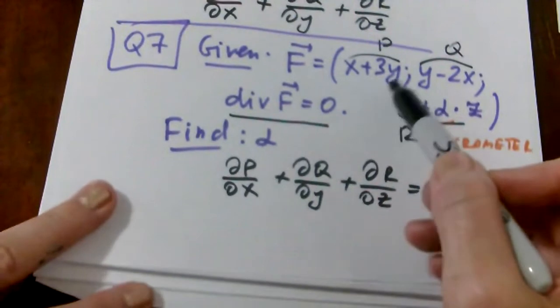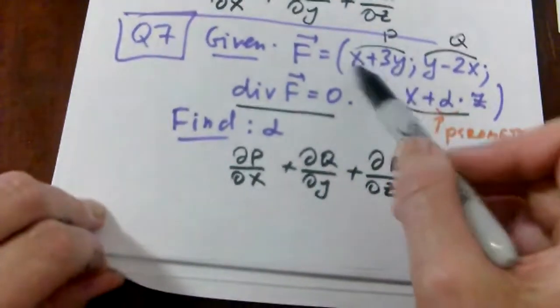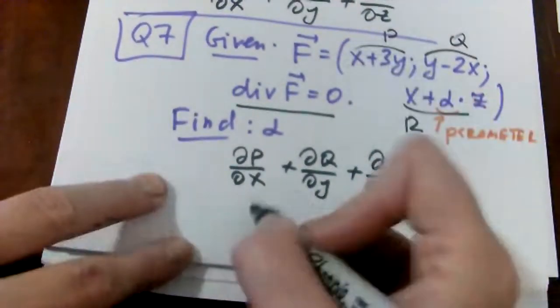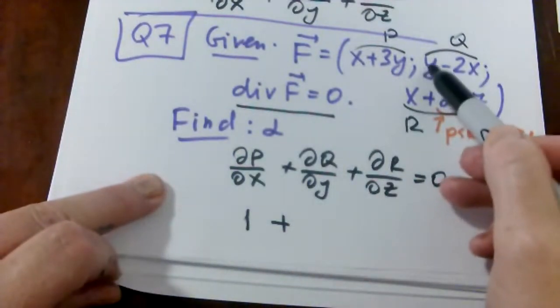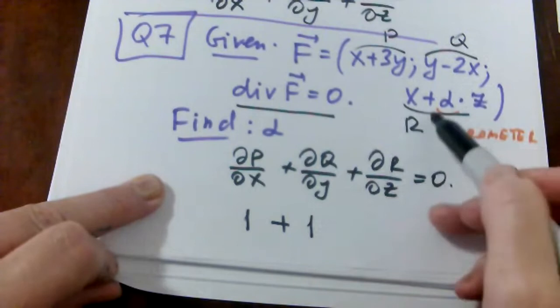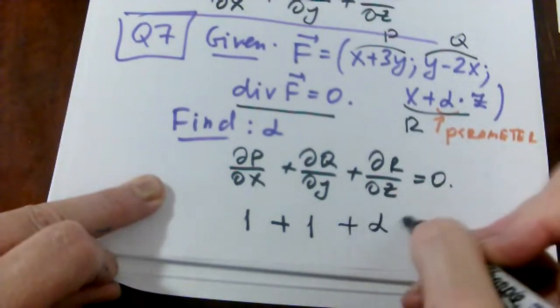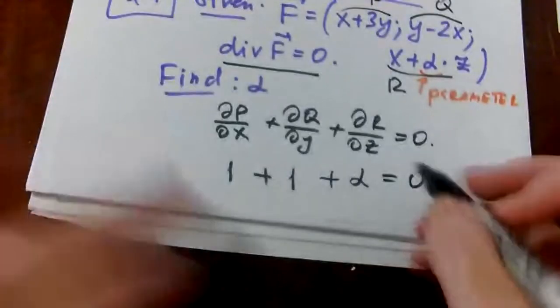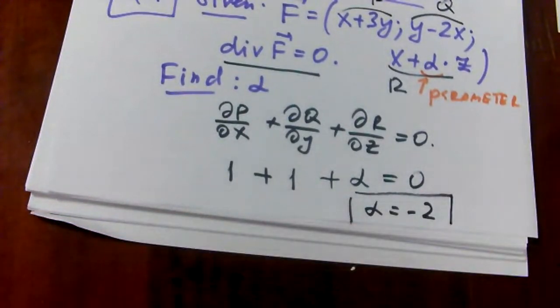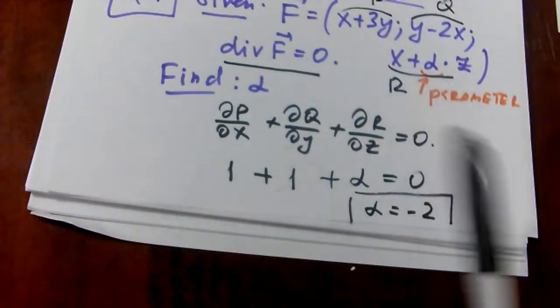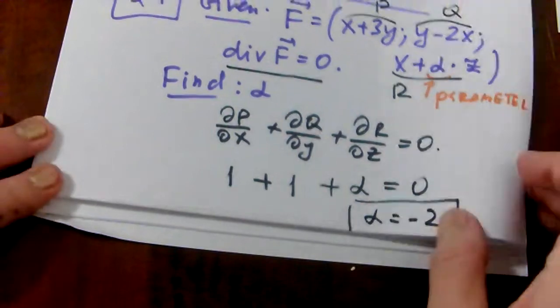So dp over dx, what is this? It's 1. The next derivative with respect to y will be 1 again. And the last derivative will be alpha, just alpha. And it's very easy. Alpha is equal to minus 2 from here. So the task has been done. Very easy task, because it doesn't require any understanding.